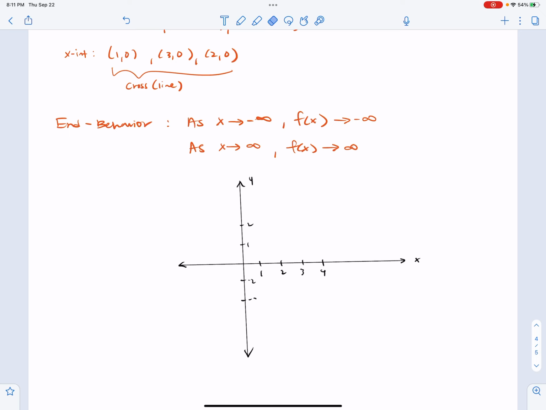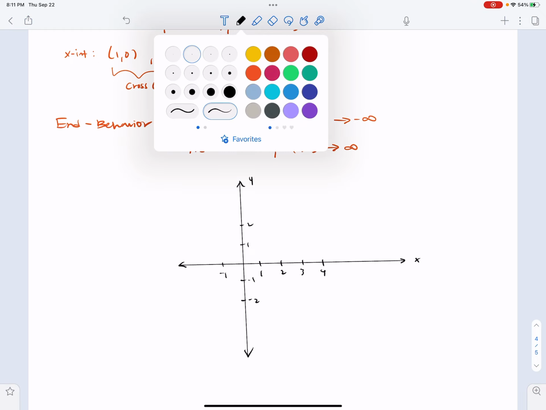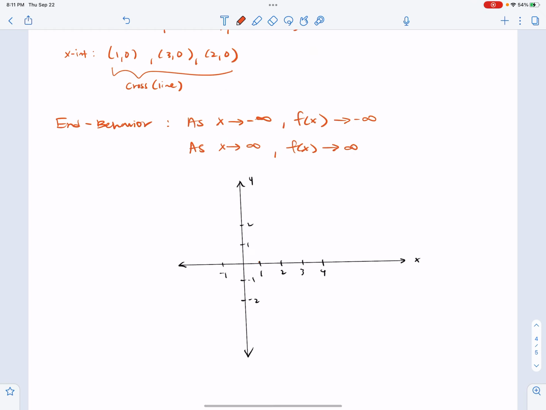Okay, so plotting those points, the x-intercepts, (1, 0), (2, 0), and (3, 0).